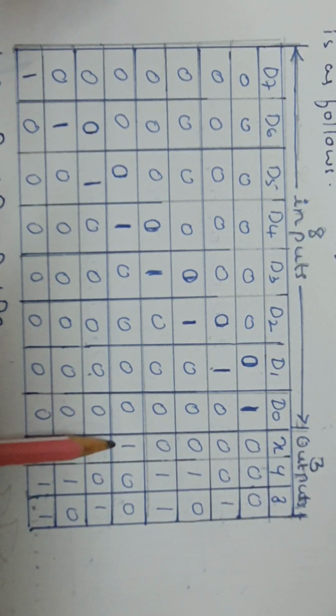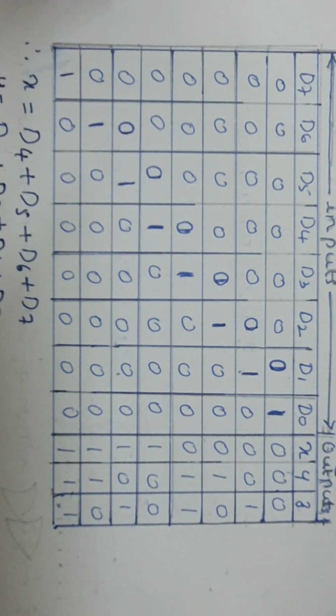If you observe this truth table, X is 1 for D4 or D5 or D6 or D7. So the X expression we can write as X equals D4 plus D5 plus D6 plus D7.